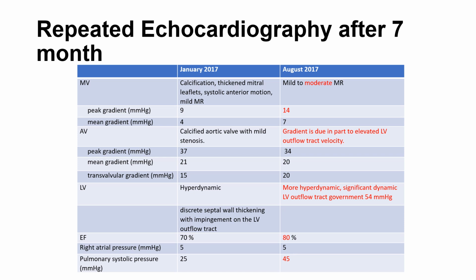Looking into the left ventricle, it is more hyperdynamic, and there is significant dynamic LV outflow obstruction with a gradient of 54 that was not evident 6-7 months prior. Ejection fraction was a little bit higher by 10%, and now we have an elevated pulmonary artery pressure at 45 systolic compared to 25 7 months prior.